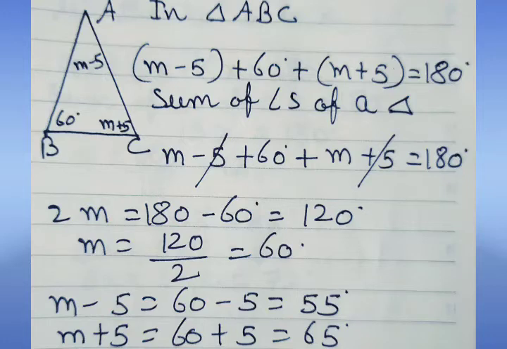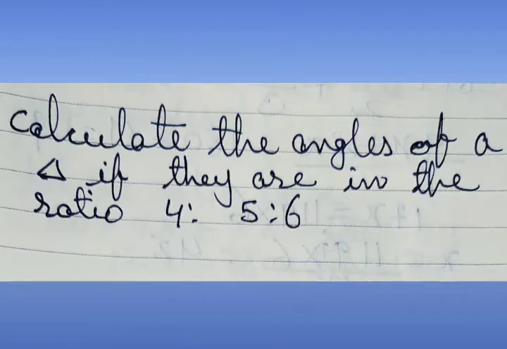And so m is equal to 120 by 2 equal to 60 degree. Now m minus 5 is equal to 60 minus 5, that is 55, and m plus 5 is equal to 60 plus 5, that is 65. Clear?